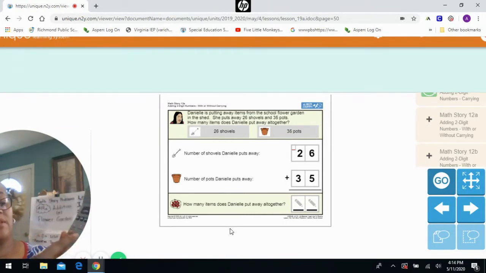You're going to put the number 2 and the number 6 in, and then we hit our plus sign. That's our operation, plus sign. Then we're going to put the 3 and 5 in, and we hit the equal sign with the 2 lines. 61.